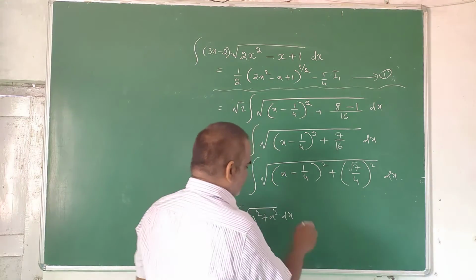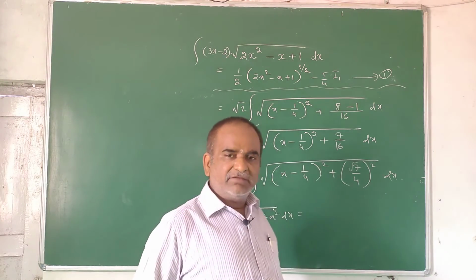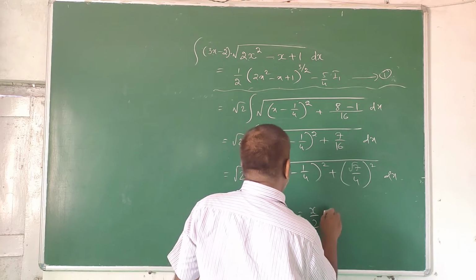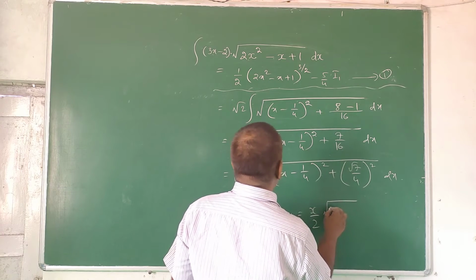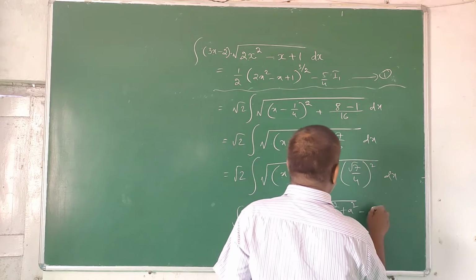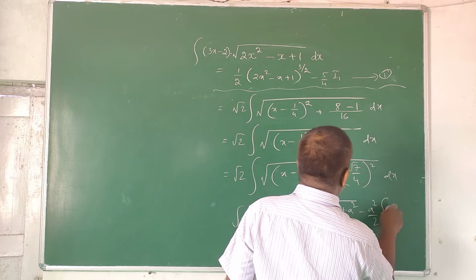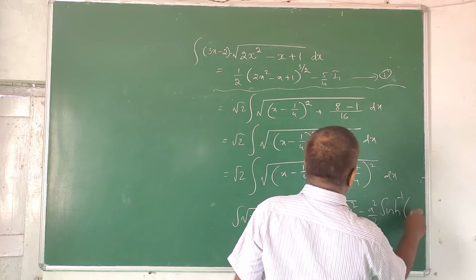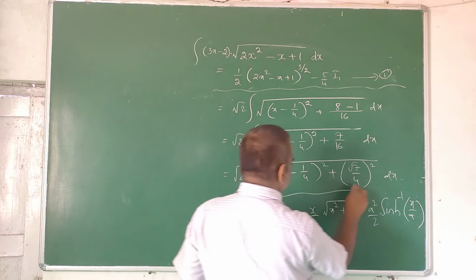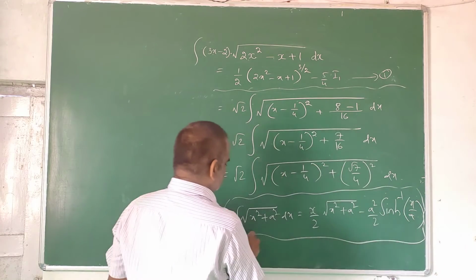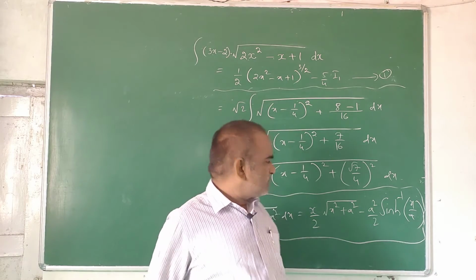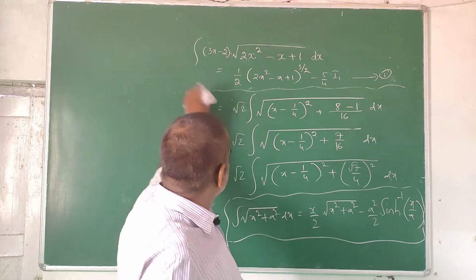What have we evaluated here? I am writing that formula. X by 2 into root over x square plus a square minus a square by 2 into sinh inverse x by a. This is a formula. Do you remember this?